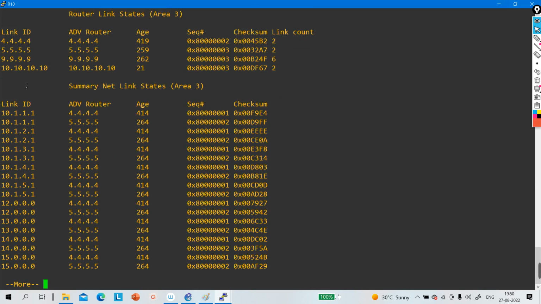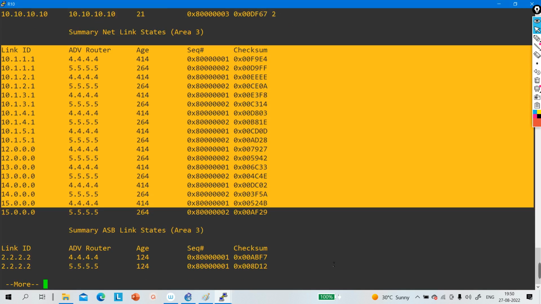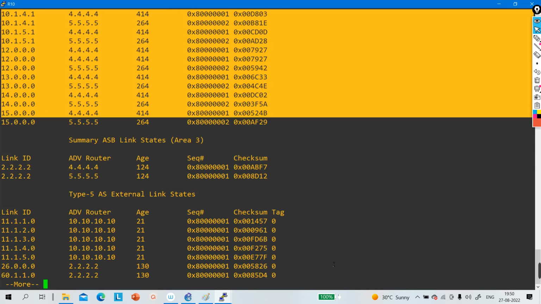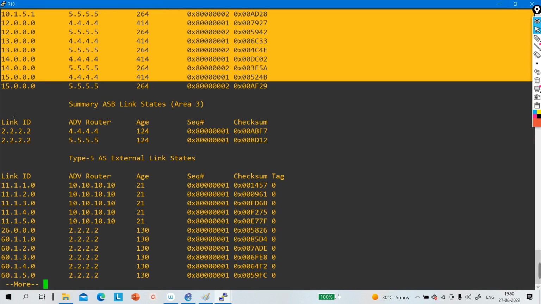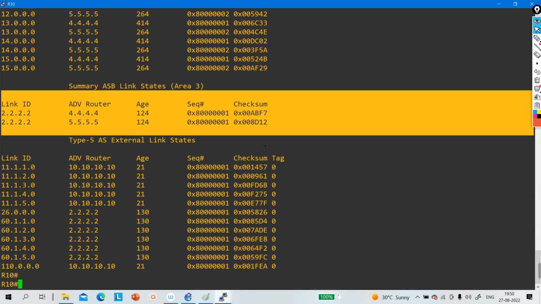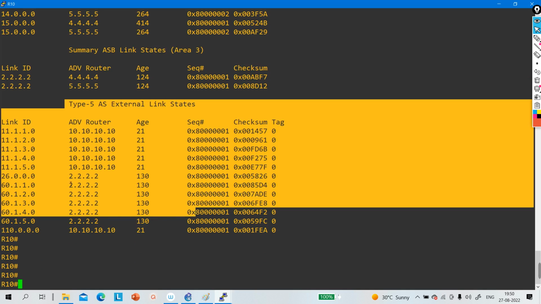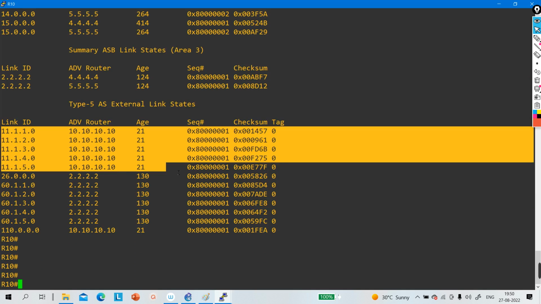So see, these are LSA 3, which router 4 and router 5 are generating. Fine. This is LSA 4, which again router 4 and router 5, the ABRs, are generating, and this is LSA 5, which router 10 is generating, right?